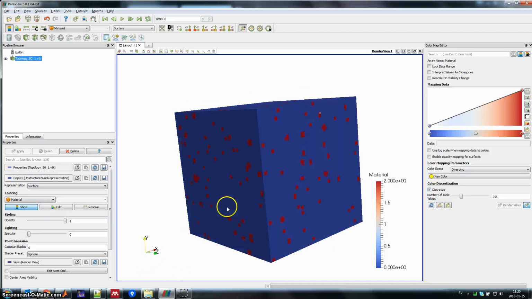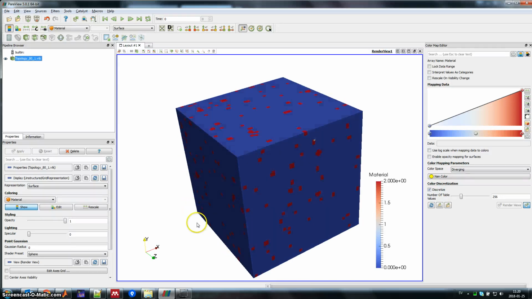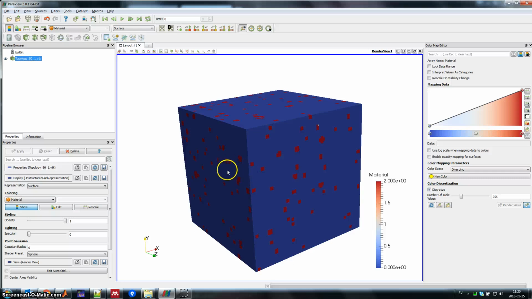Okay, so now I've set that there is flux going in through this surface because I've set some resistance on this surface, and I've set the ambient humidity here to 1.